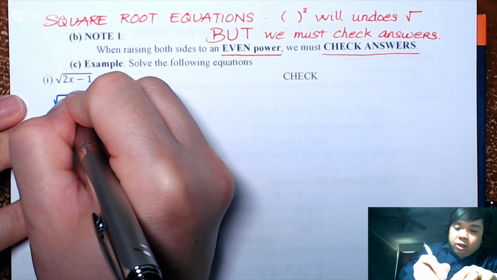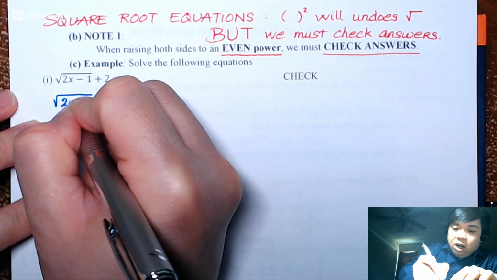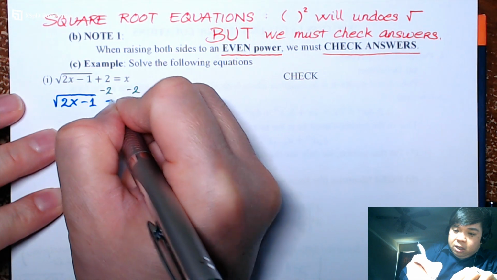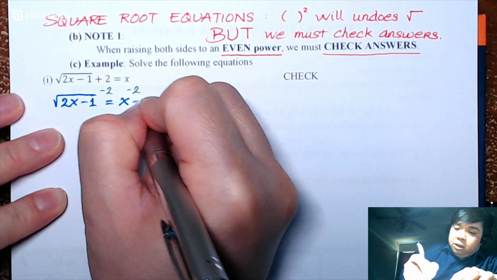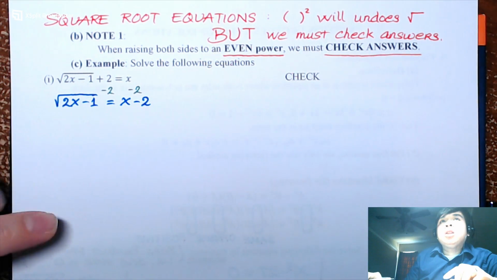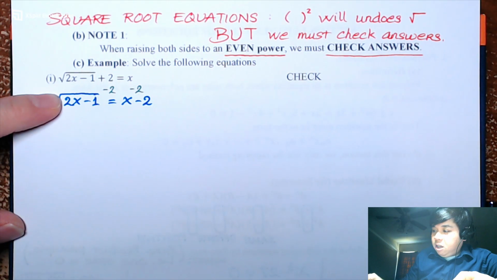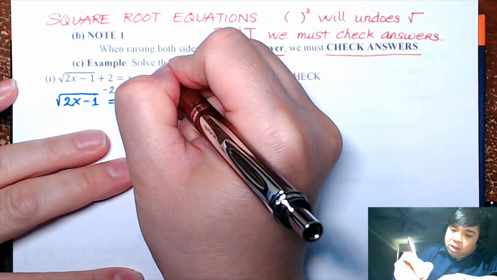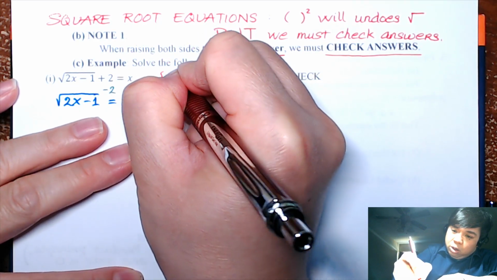We have the square root of, I try to write a bit small because this might take a lot of space. So, square root by itself. This is called the square root equation. So the first step is to isolate the square root.